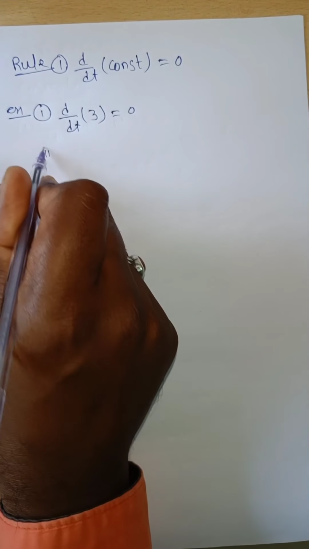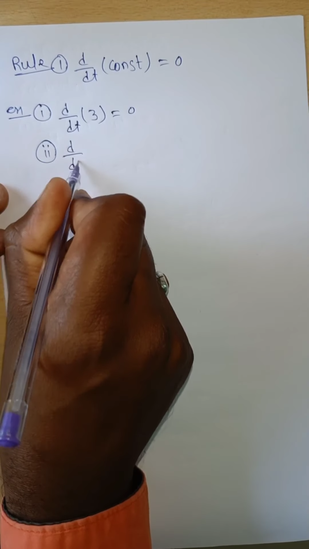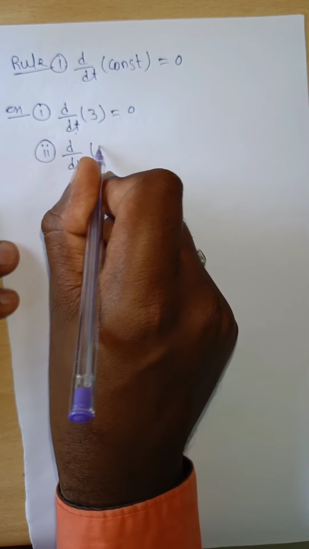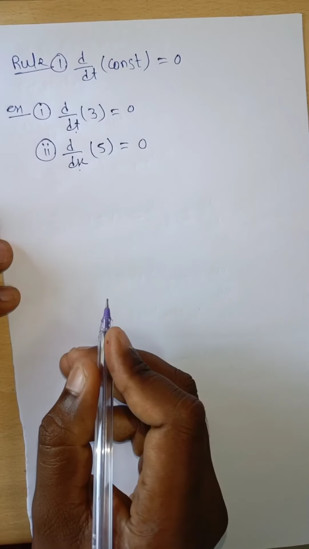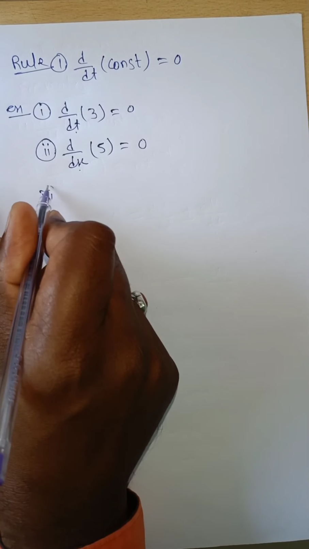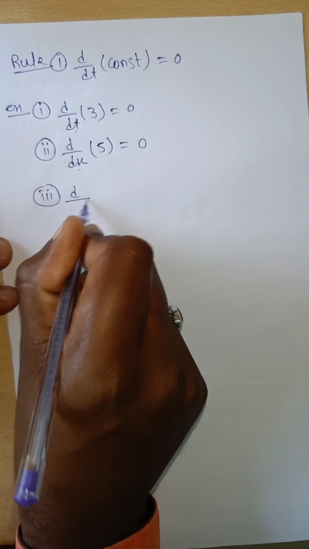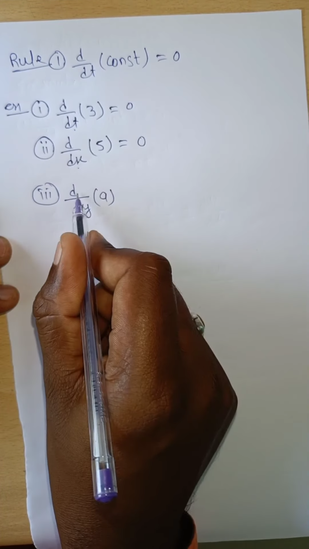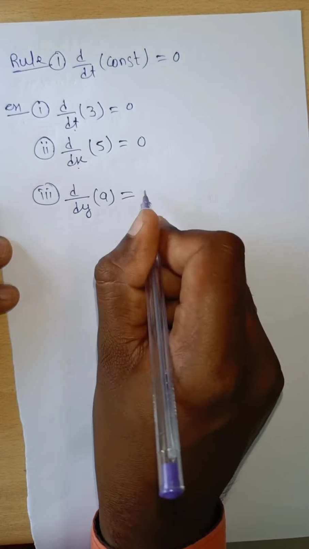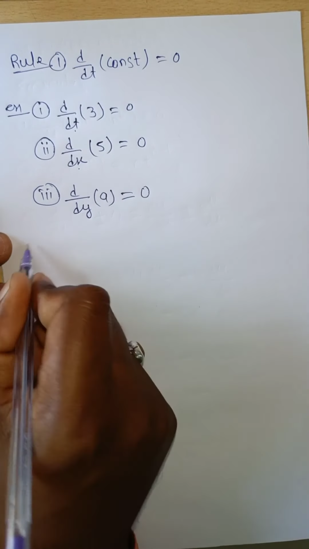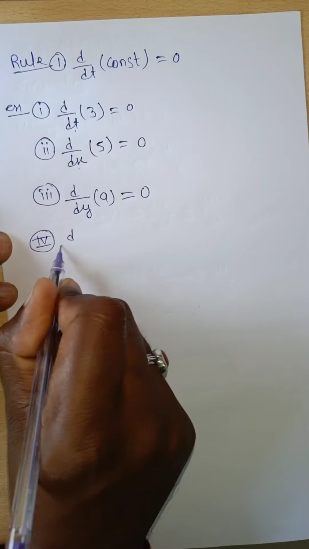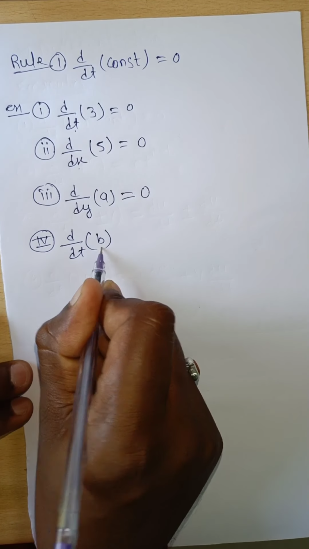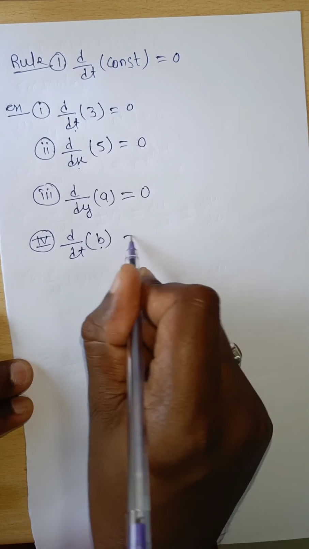Next, suppose d by dx of 5, in place of t we write x, then the answer is 0. Third, suppose d by dy of a, if a is a constant, then da by dy is 0. Fourth, suppose d by dt of b, if b is a constant, then db by dt is 0.